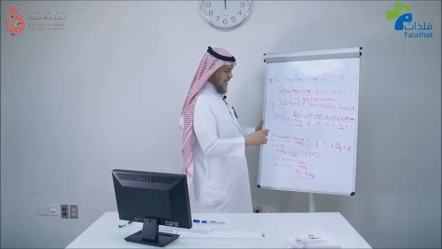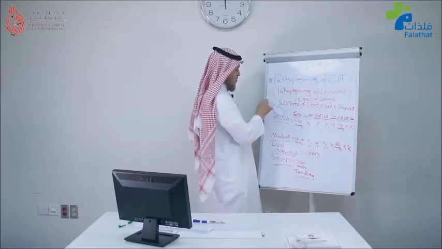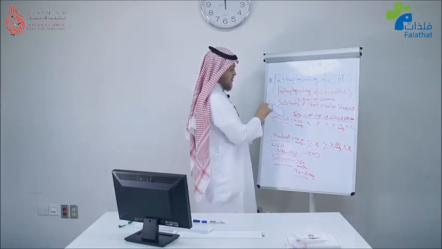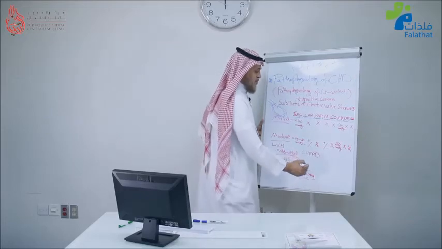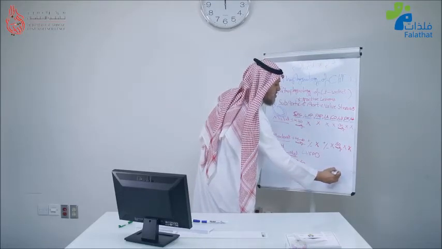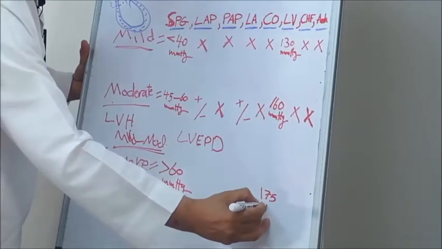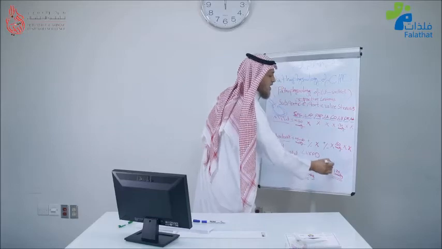Let's take its immediate effect. If this is an aorta of 100 and this is severe aortic stenosis, if we took, let's say, the 75 as the gradient, then the LV pressure here will be 175, maybe 180 millimeter mercury? Quite high.